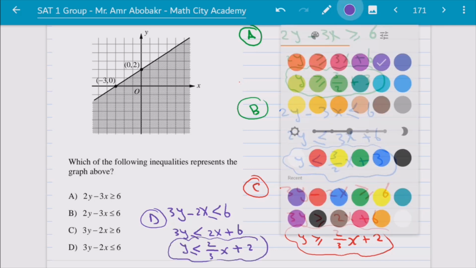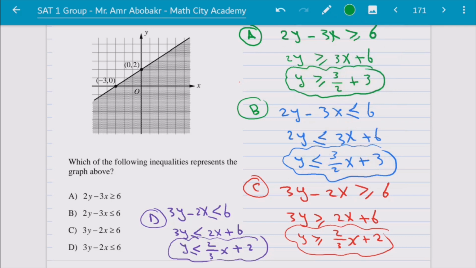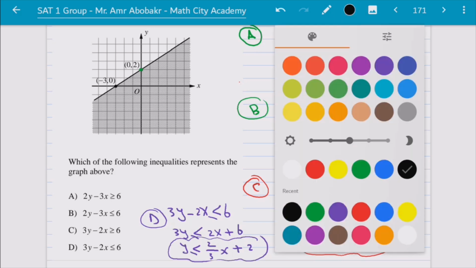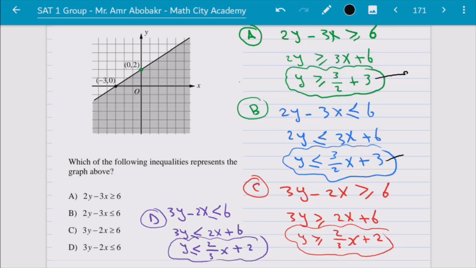Okay, according to these inequalities, A, B, C, D, look at the y-intercept. The y-intercept here is what? The point where the line cuts the y-axis is in what? In point 2. So the first and the second choice are wrong because b here is 3 and b here is 3.